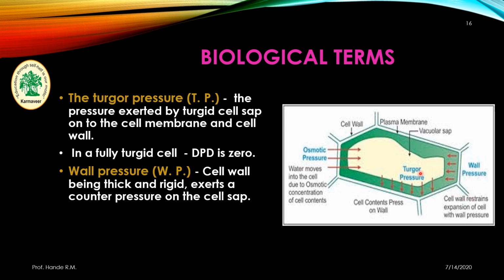Means in a fully turgid cell TP is equal to WP, but they operate in opposite directions. The arrows go in opposite directions.